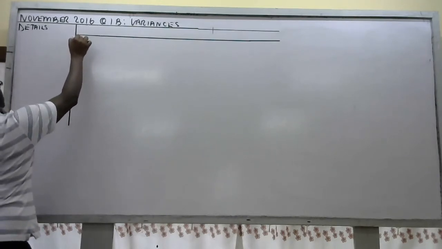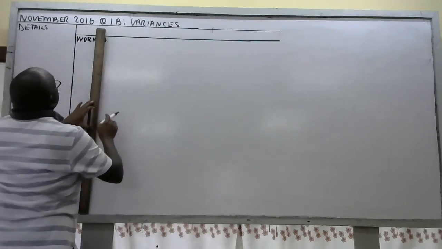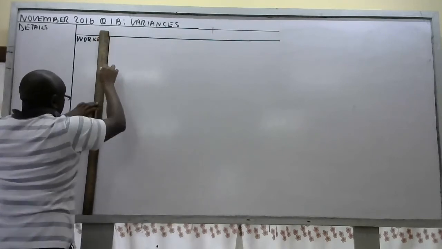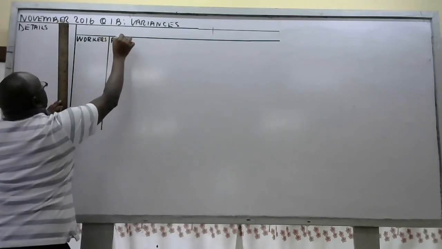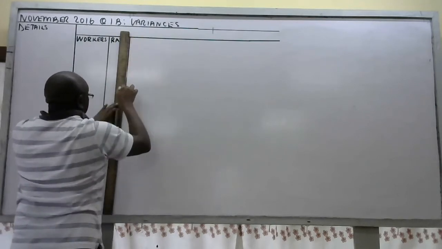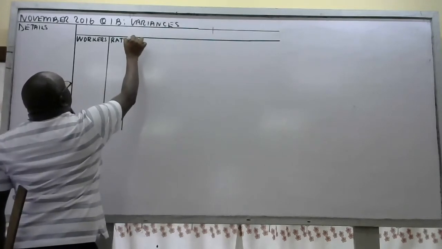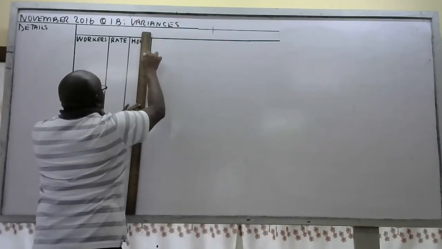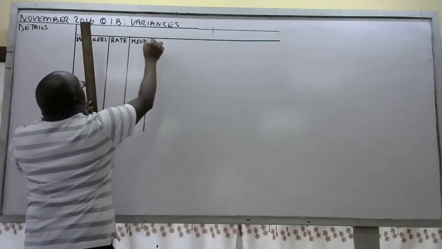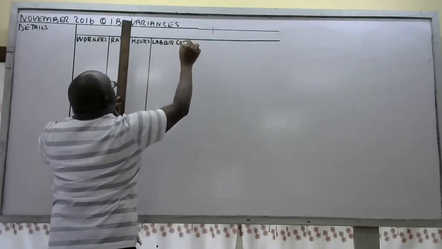I will require to have a column called workers, a column called rates, a column called hours, and then a column called labor costs.